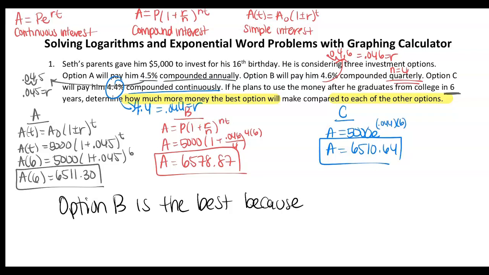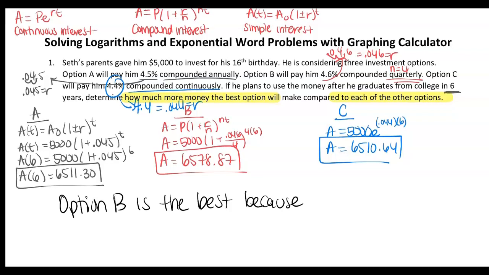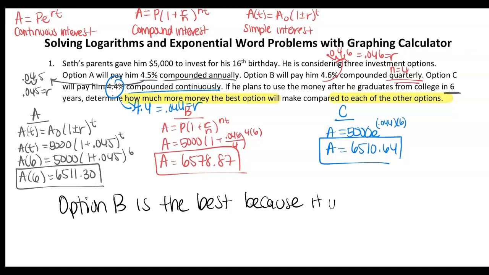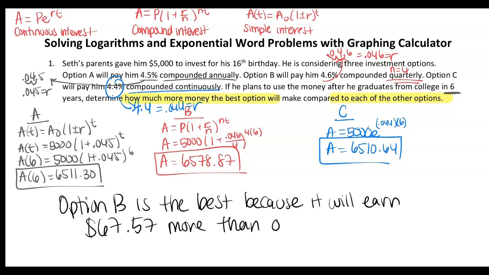Oh, not 57, 8, yeah, no, 57, $57 more than option A.